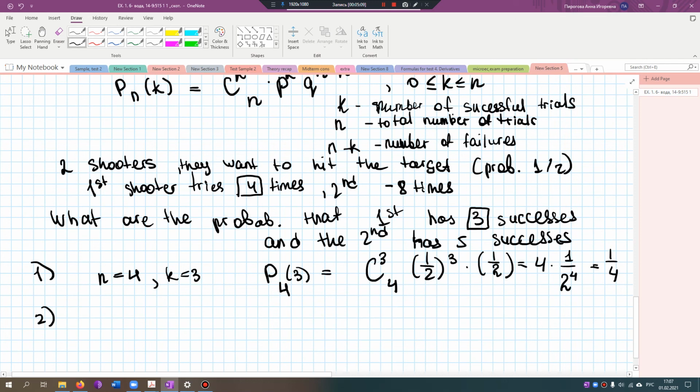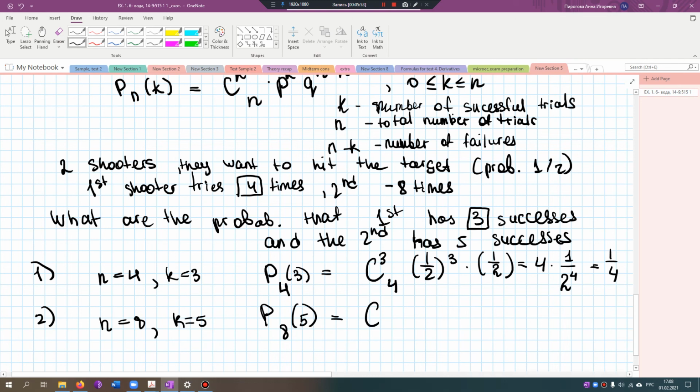So the next probability which we need to find is that the second player has 5 successes. In this case, we know that he tries 8 times, so n is equal to 8, and we need to find the probability of 5 successes, so k is equal to 5, and our Bernoulli formula will look like the probability of 5 successes from 8 trials.